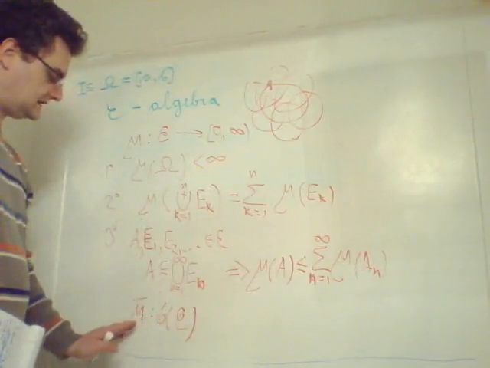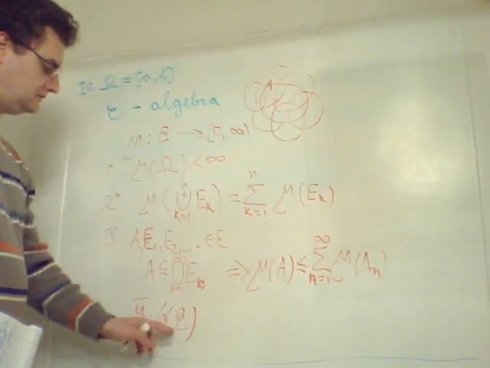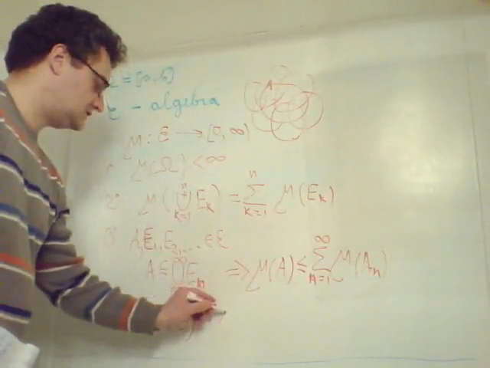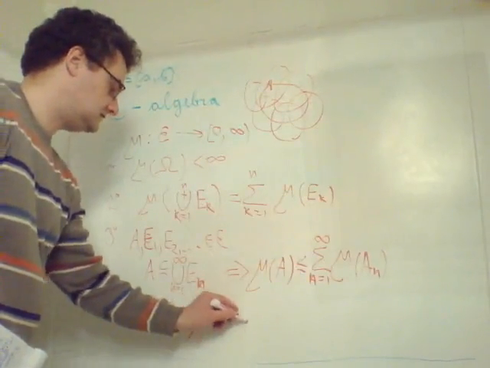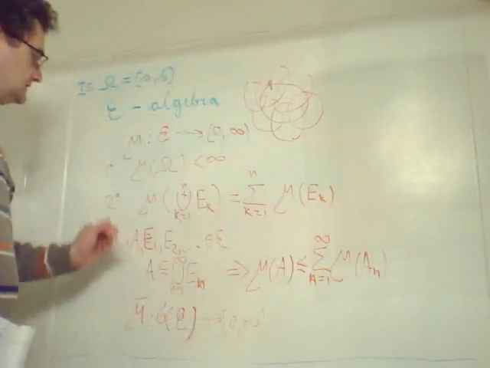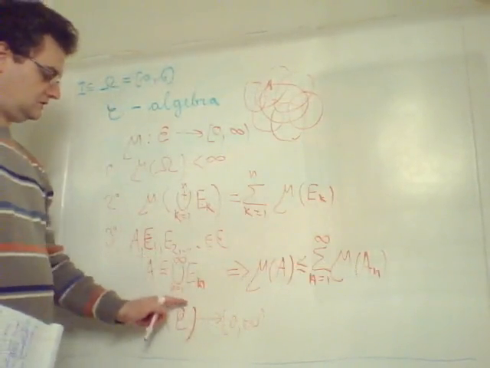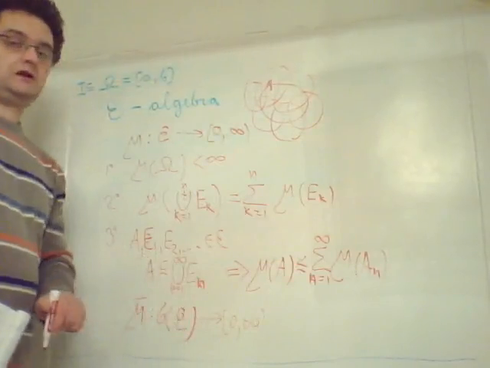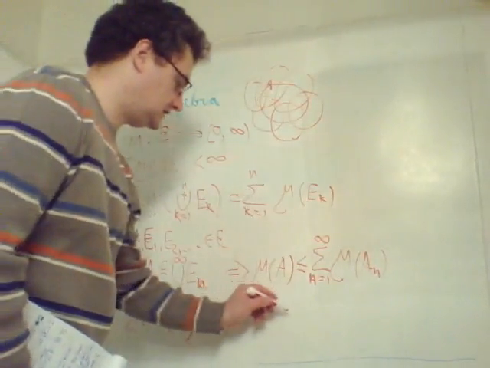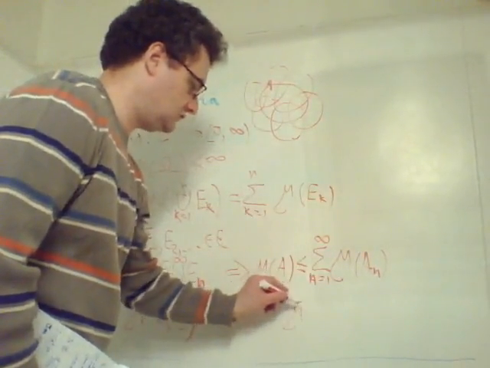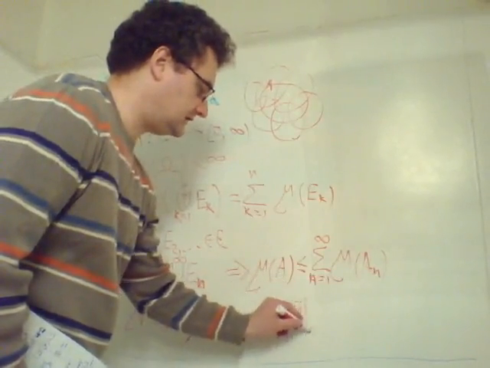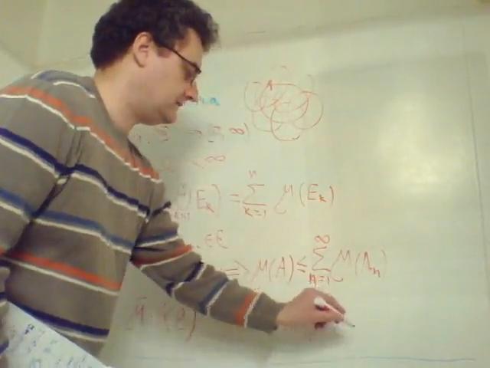So we can extend mu to the minimum sigma field so that it agrees with mu on this algebra E. So mu bar restricted to E is actually mu.